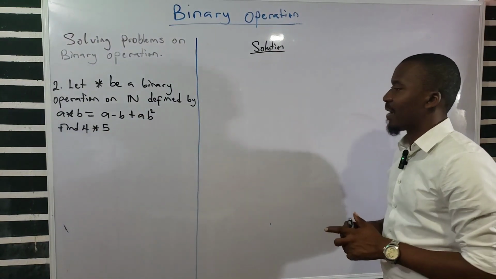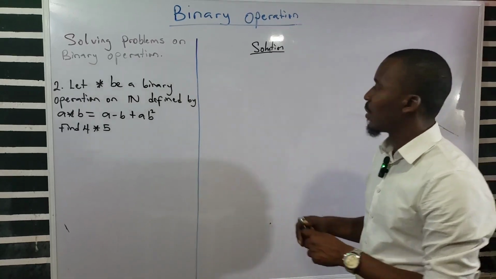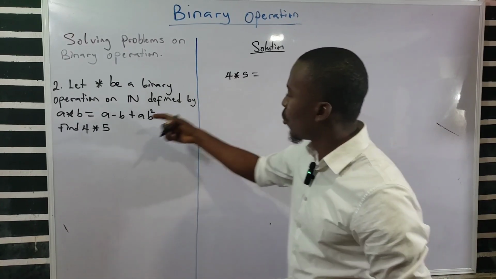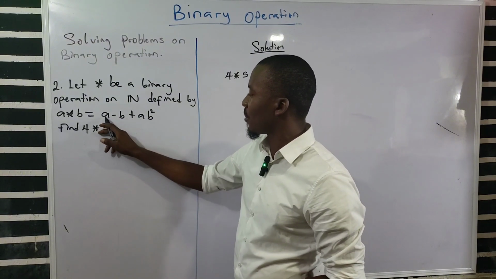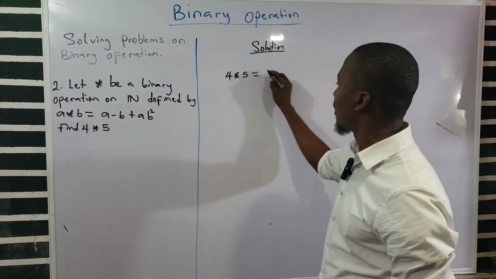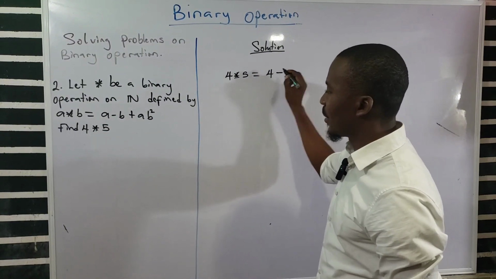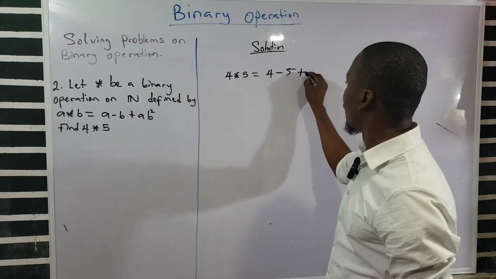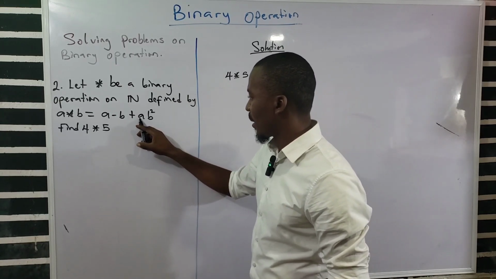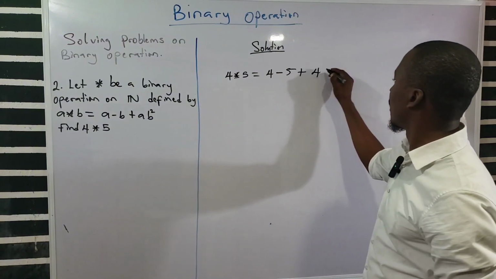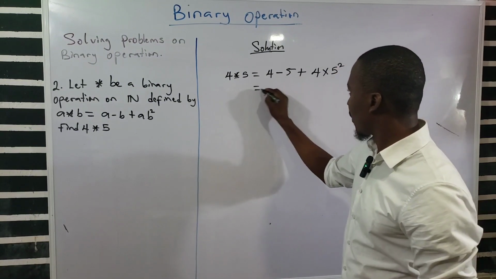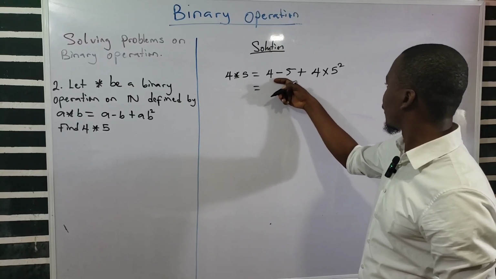4 * 5. So just like the first example, all you need to do for 4 * 5 is obey your rule of combination. The first number there is a, here is 4, minus the second number b, here is 5, plus the first number 4 times 5 squared.